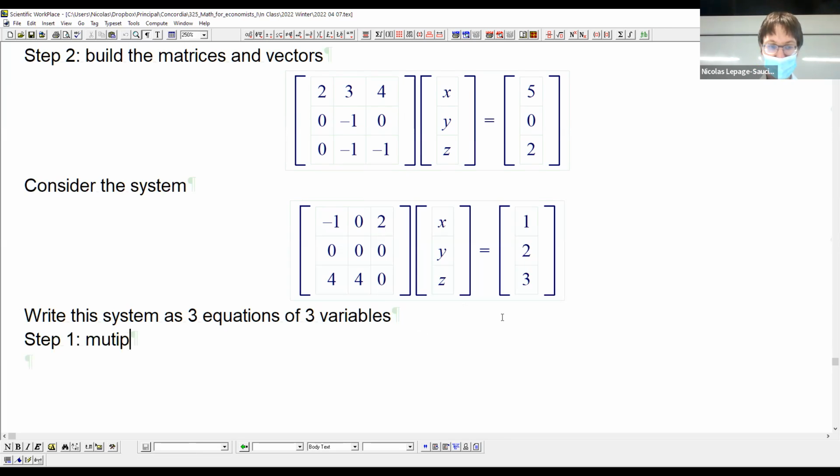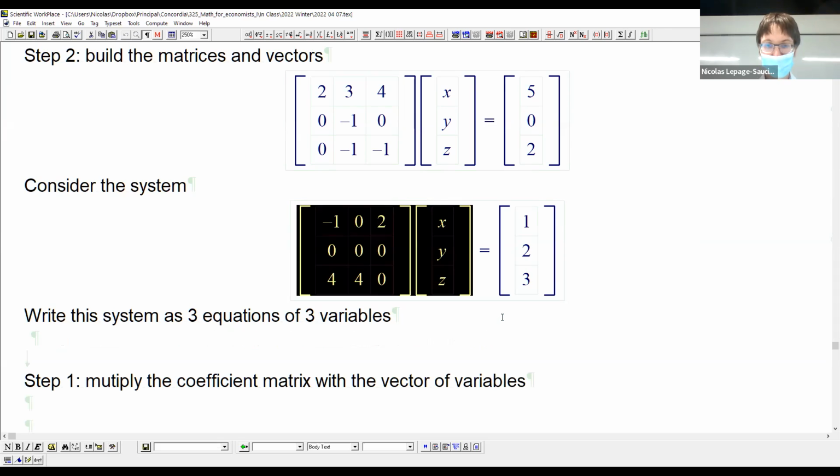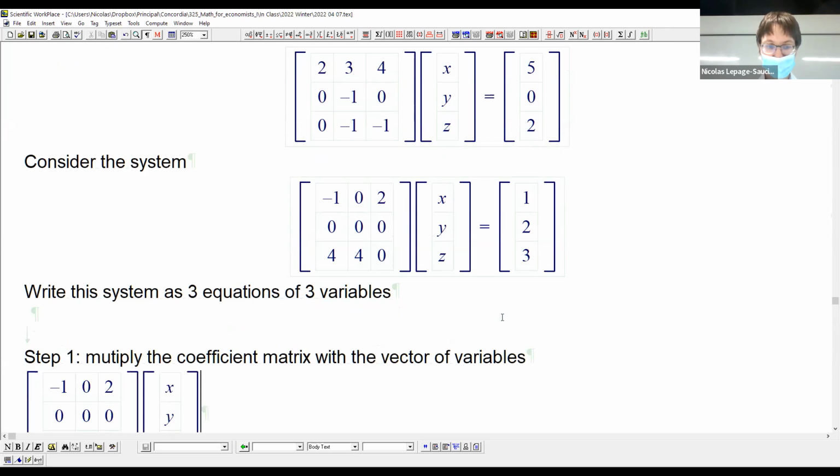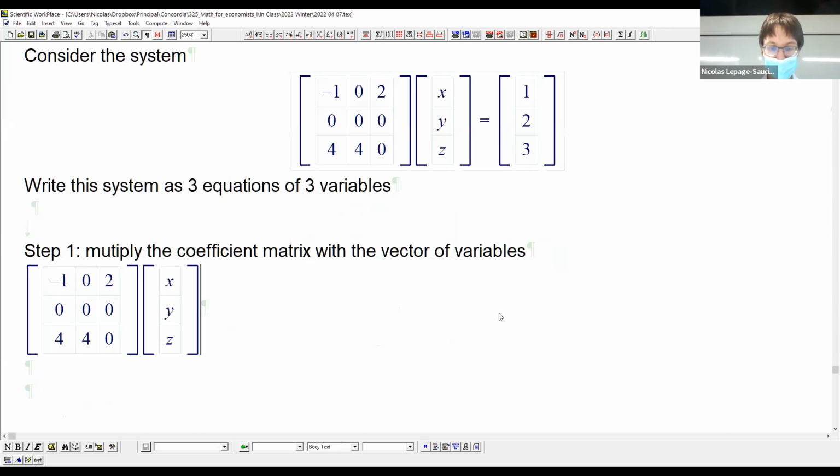So multiply the matrix with the variables vector. Right. So here we get those two.